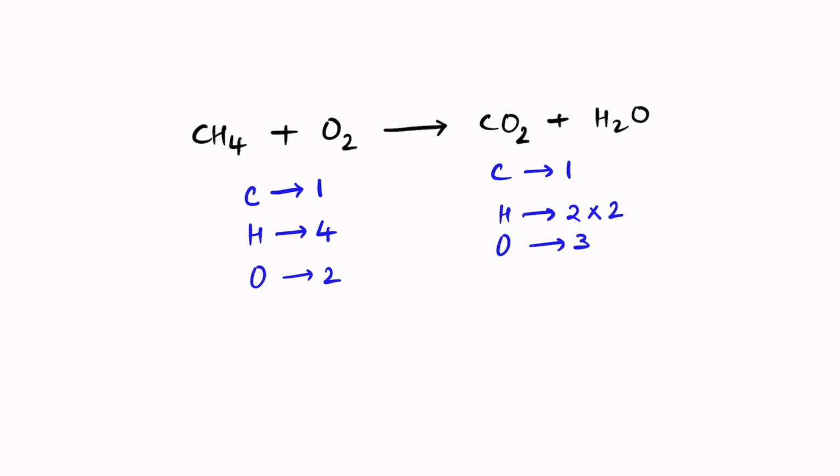No addition, no subtraction, no division, only multiplication. And you should always multiply the side that has the fewer number of atoms. In this case, the right side has a fewer number of hydrogen atoms. So we'll multiply that with the 2, okay?